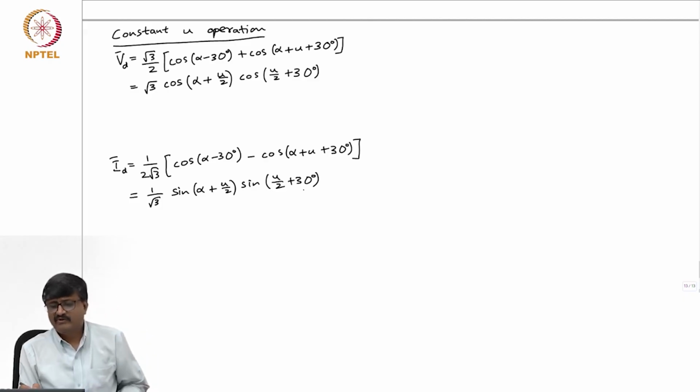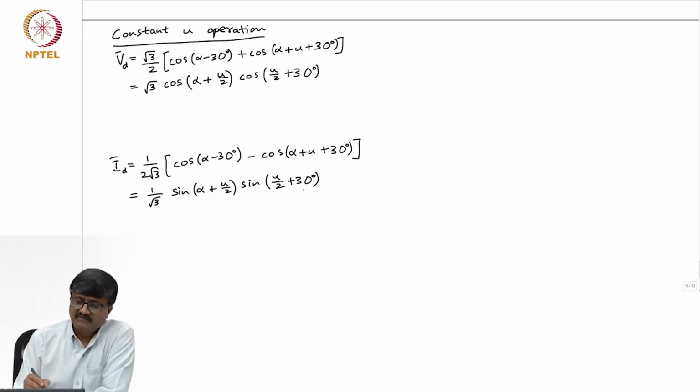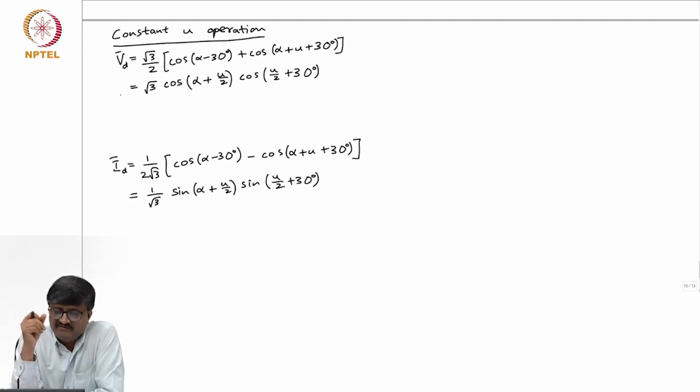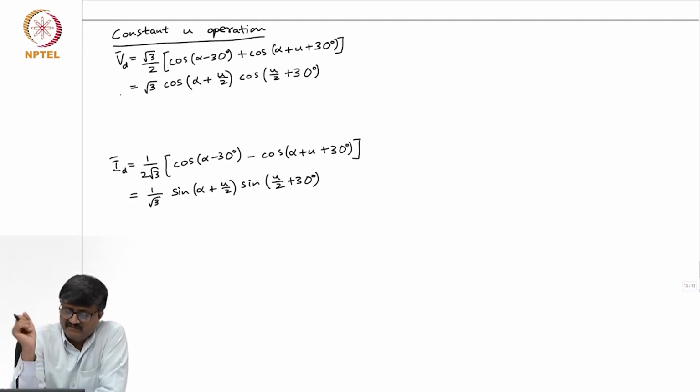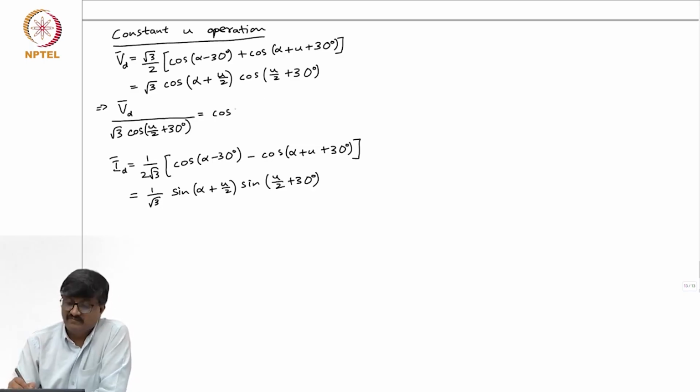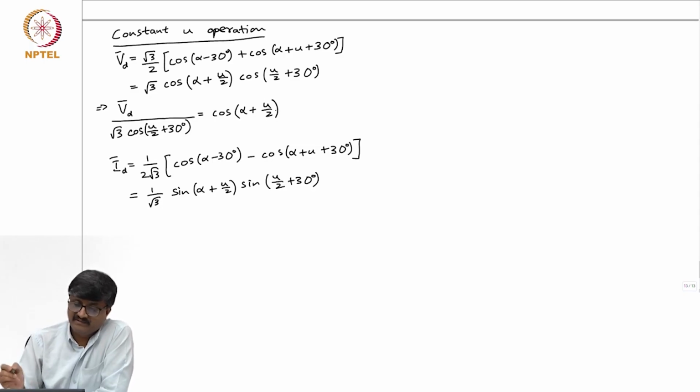So if I want to eliminate alpha, then I will retain the factor involving alpha on the right hand side and push the other factor to the left hand side. Similarly, in the second equation also, I will retain sine(alpha plus u by 2) on the right hand side and push the other factors onto the left hand side. So from this I get Vd divided by root 3 cos(u by 2 plus 30 degrees) is equal to cos(alpha plus u by 2).